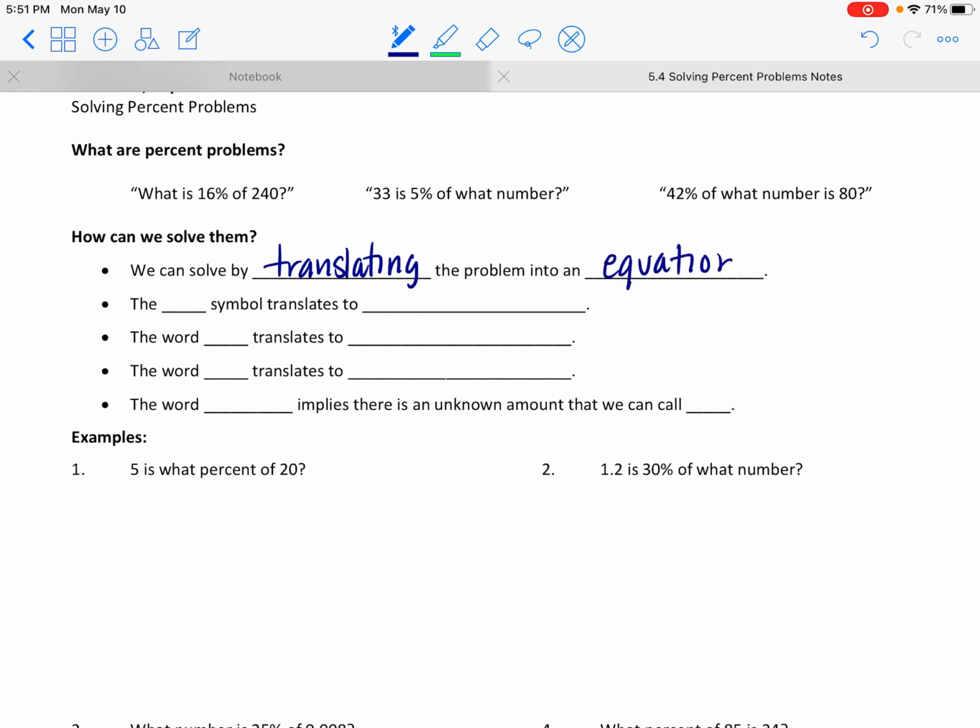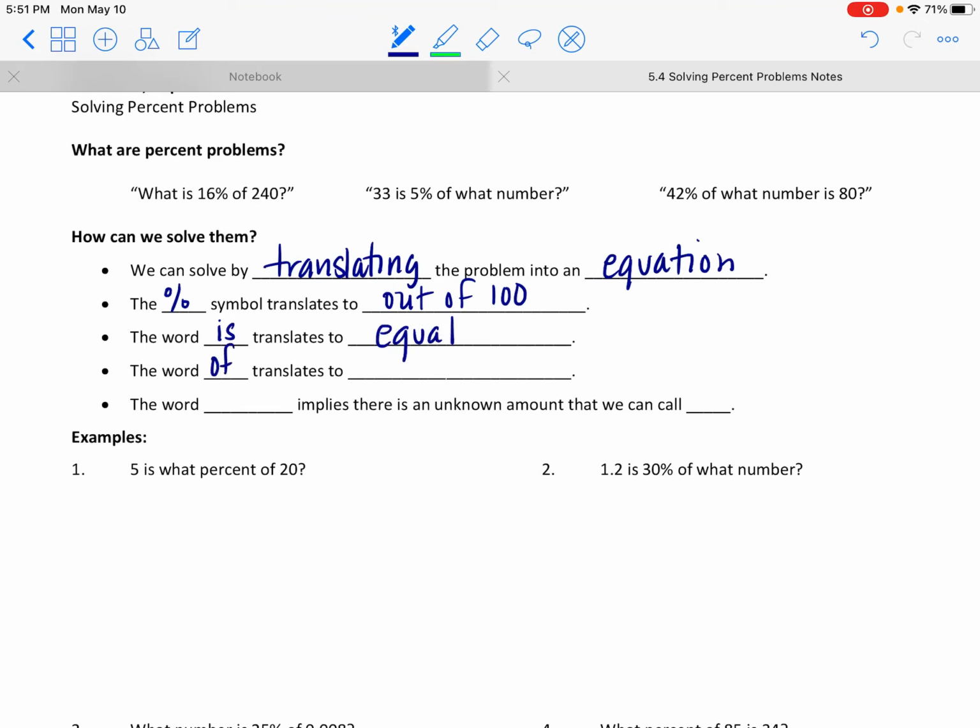So just a few things to remember when we're translating. If we see the word percent or the percent symbol, remember percent means out of 100. So when I see 16%, I'm thinking 16 out of 100. Okay? The word is in our question translates to our equal sign. Is means equal.